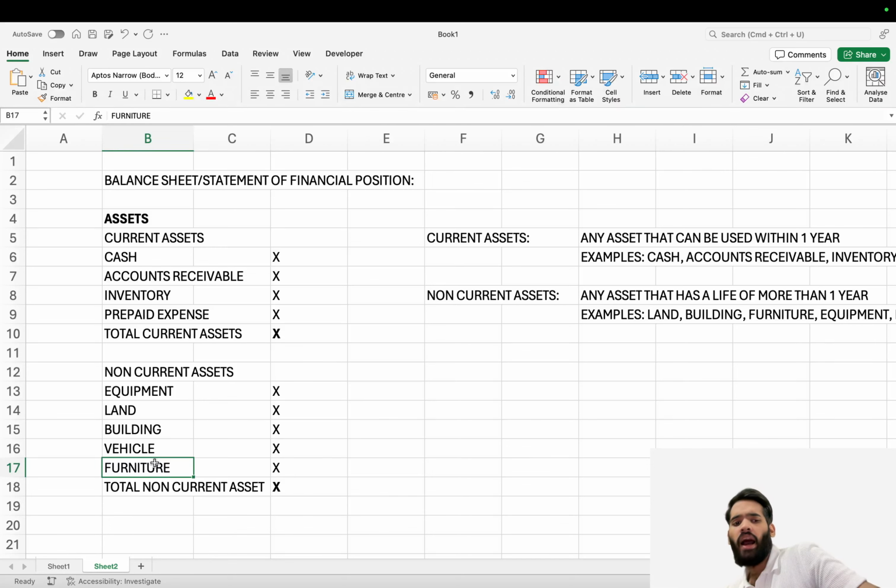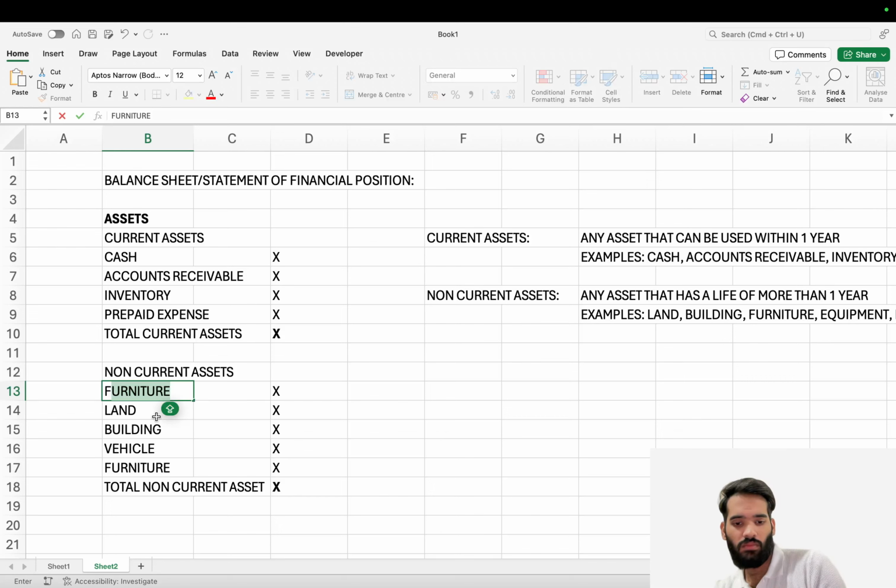But for now, I don't want you to focus on the not so important things. First, focus on the main thing, which is memorizing the format. But just in case it's bothering you, let me write the format in terms of liquidity. Furniture, then let's say vehicle, building, and then let's say land.